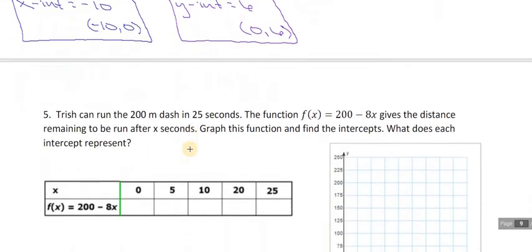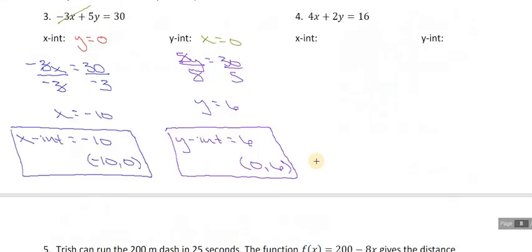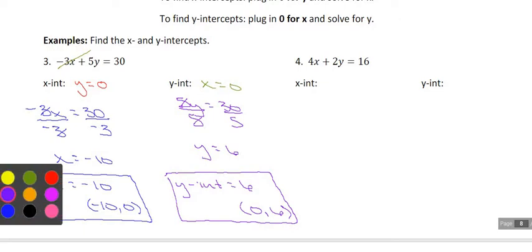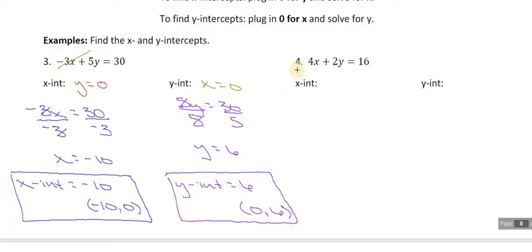See how many of these problems we've got here. Not too many. Okay, so let's do the x-intercept of number 4 together, and then you can do the y-intercept of number 4 on your own. So x-intercept means see you later, y's.